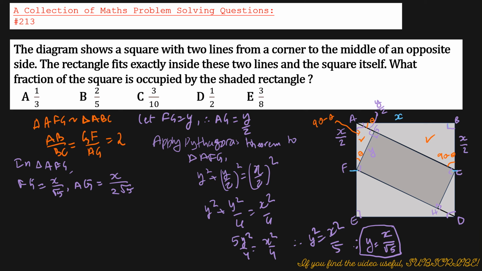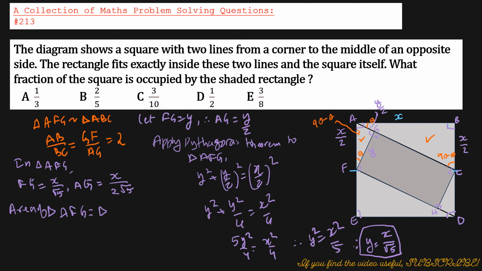So what we get here is we need to find the area. So area of triangle AFG, you see that area would also be equal to the area of triangle CHD.